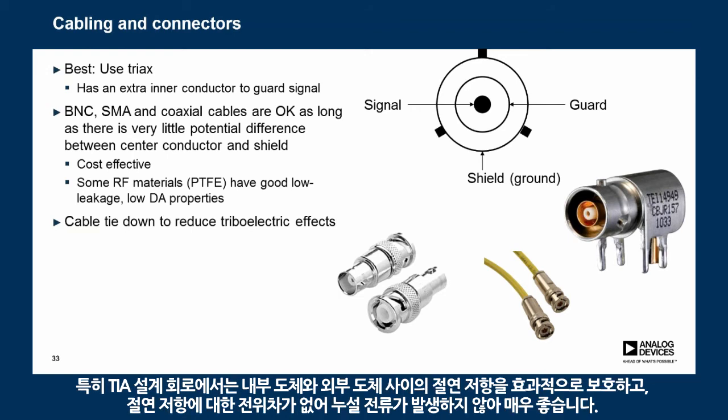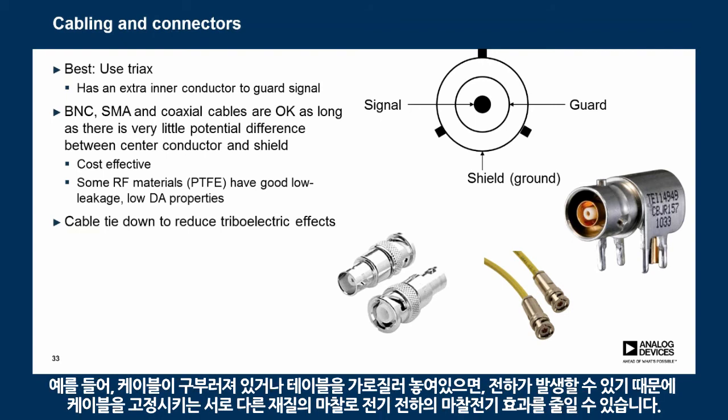So this is perfectly fine, especially in TIA interface circuits, because it effectively guards the insulation resistance between the inner and the outer conductor. So then there's no potential difference across the insulation resistance, and so again, no leakage current.